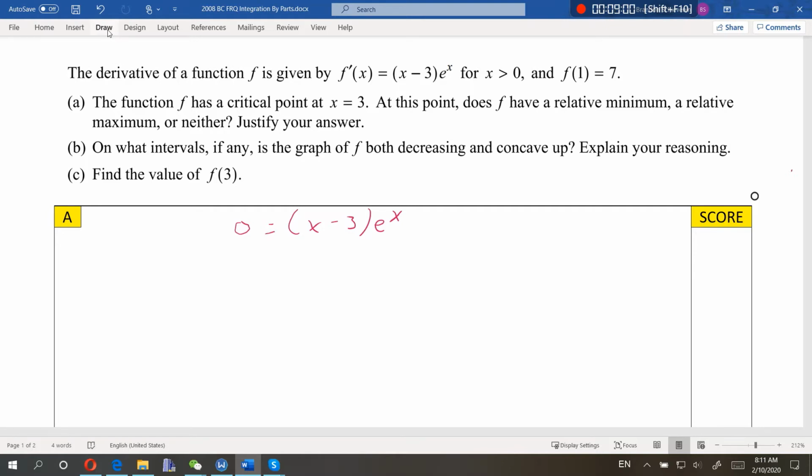Okay, so when x is less than 3, what happens to f prime x? That's a negative number. Oh, that's positive. So it's a relative minimum.